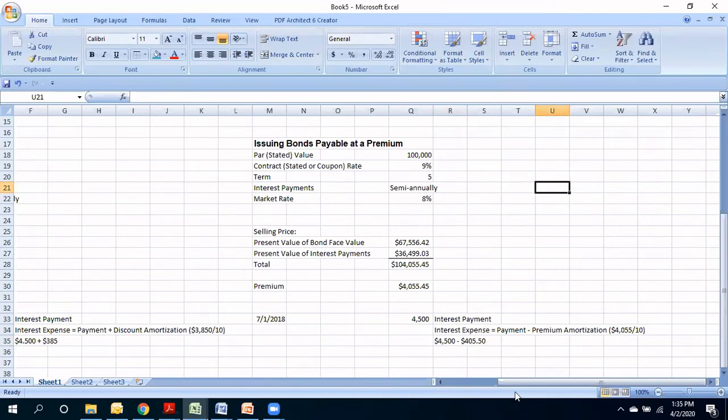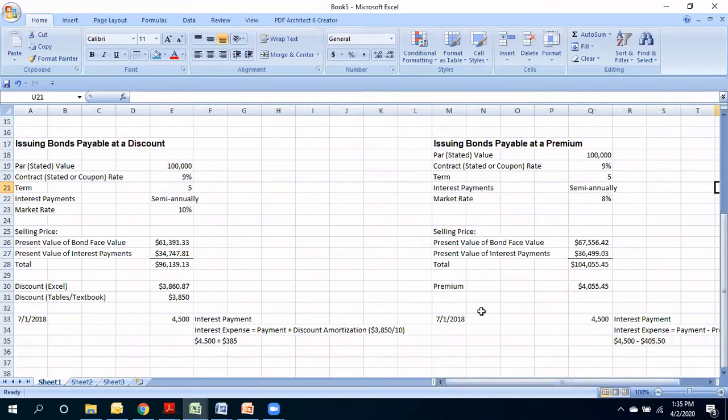Because what's happening is the bondholders are paying Southwest $104,055 and change. And at the end of 5 years, Southwest is only going to pay the bondholders back $100,000.